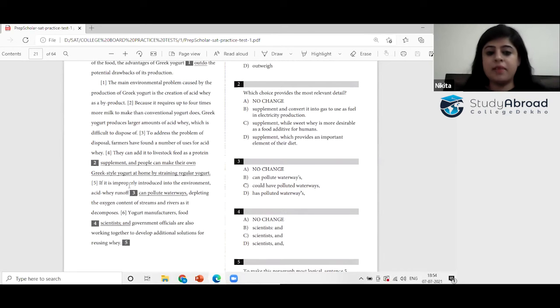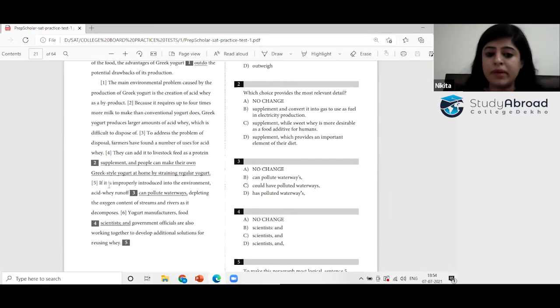Now what we have just done: with number of uses, one of them was already written, the second we have made out. If it is improperly introduced into the environment, what is it? It's acid whey.